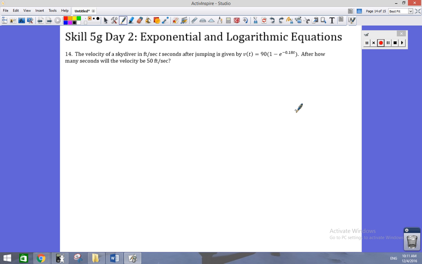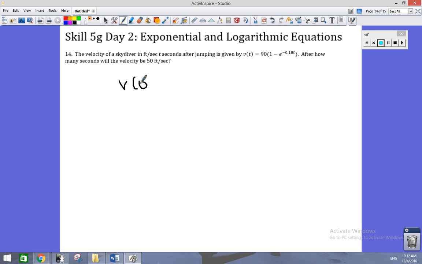Oh, okay, I thought it would give us the velocity of the airplane, but it's just saying that you haven't started falling yet. So how many seconds to 50 feet per second? On the left-hand side, it's 50. So I guess it does make sense.